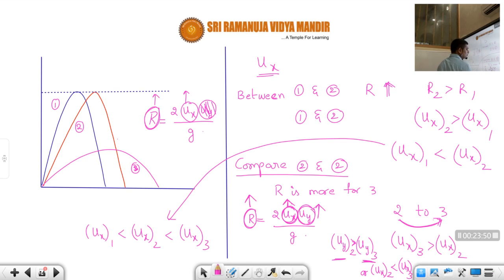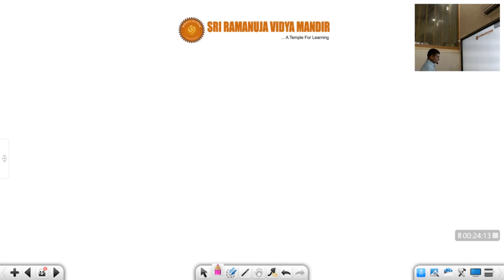Here Uy of 2 is greater than Uy of 3, or you can also understand it as U3 is less but range is more. So Ux should be more, so that range will increase. In that way also you can think. Like this we can analyze these problems. Okay, students, next one, another question here.